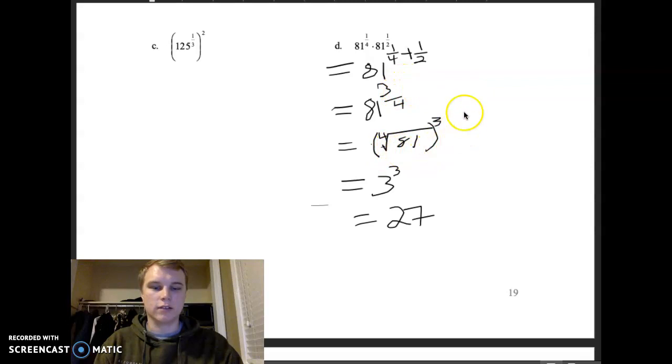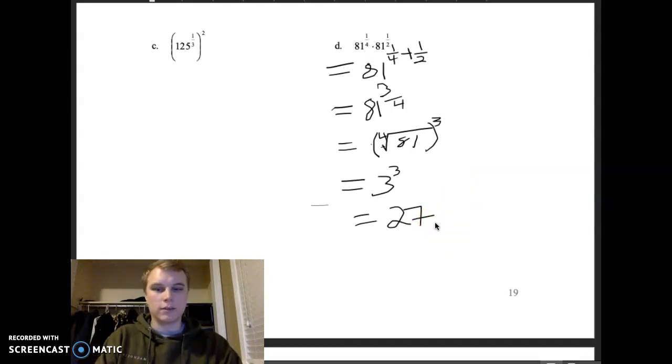And then this is what we looked at last video. I wrote it this way with doing the 4th root first. Again, that's my preference rather than trying to cube 81 and then taking the 4th root of that. So then you get 27 as your final answer, okay?